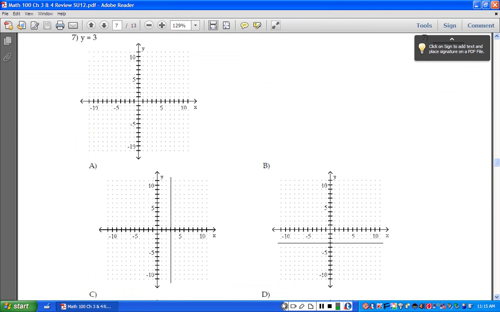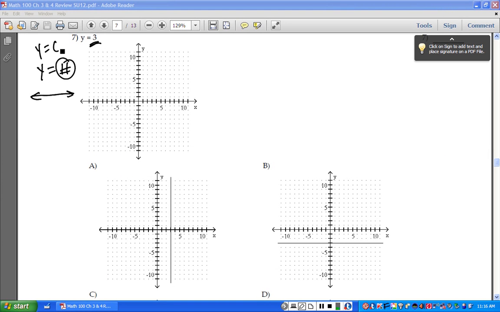Y is 3. Anytime y equals a number, it gives me a horizontal line through the number. So in this case, the number is 3. Anytime y equals a constant, or in the previous problem, if x equals a constant.